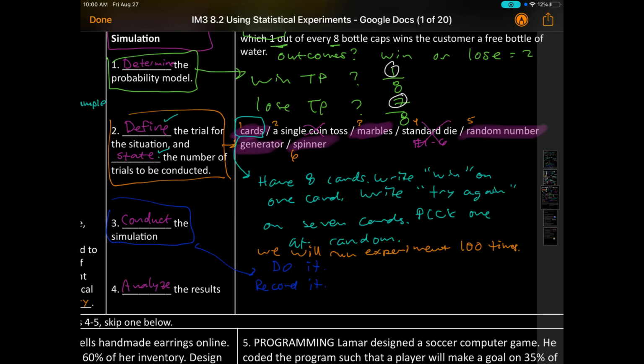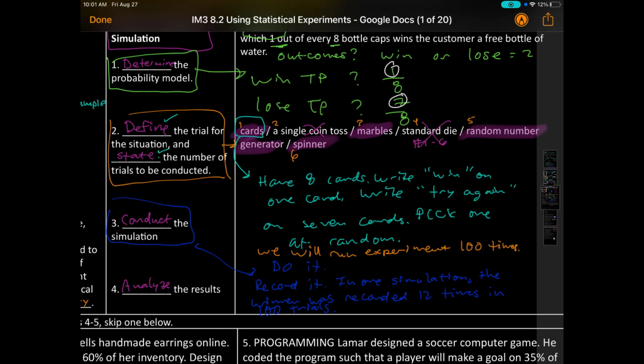Here's a sentence that might help you. In one simulation, the winner was recorded 12 times in 100 trials or experiments.